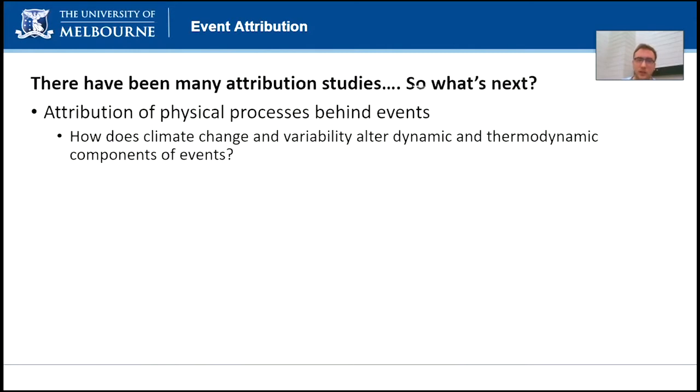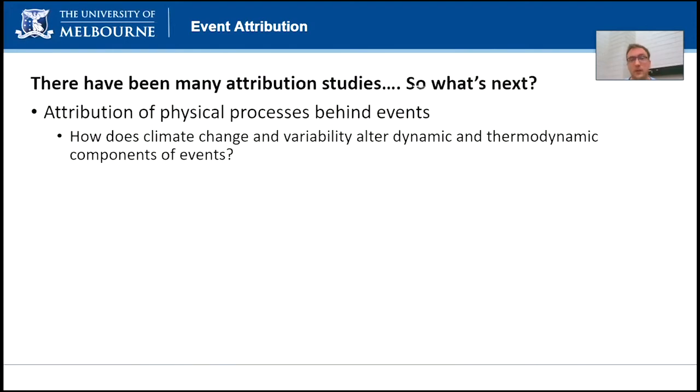So as opposed to just looking at an extreme event, like a heat wave, we might want to decompose that in a bit more detail. If we know, for example, that heat waves in parts of Australia might have some forcing from the land surface, where low soil moisture might enhance the heat wave, we might want to decompose our attribution study to look at the influences of climate change and variability on both the low soil moisture leading up to the heat wave and other things associated with the heat wave, like a blocking high pattern.